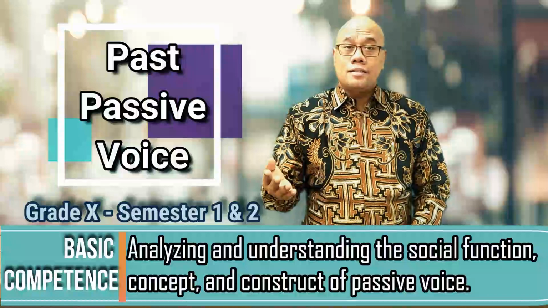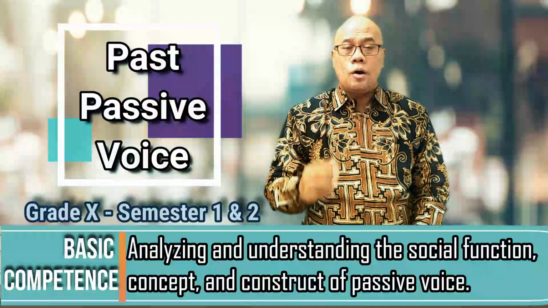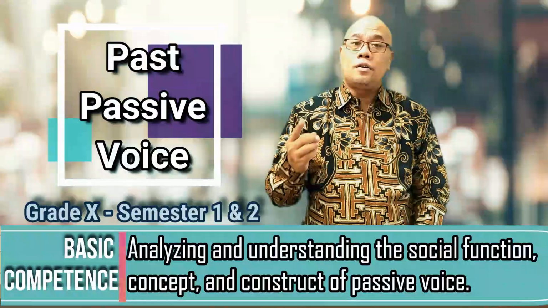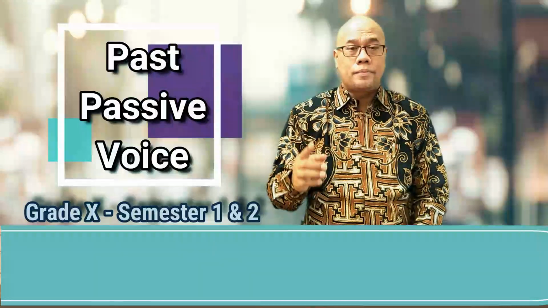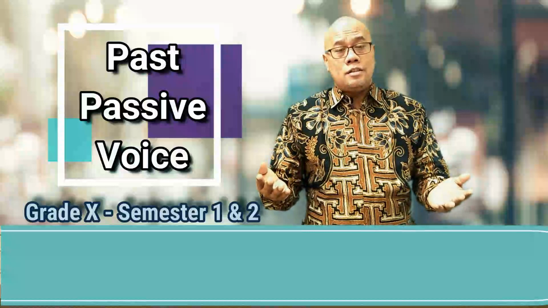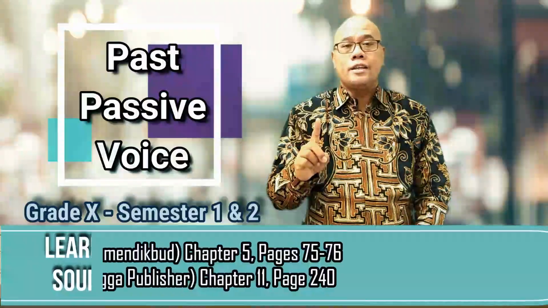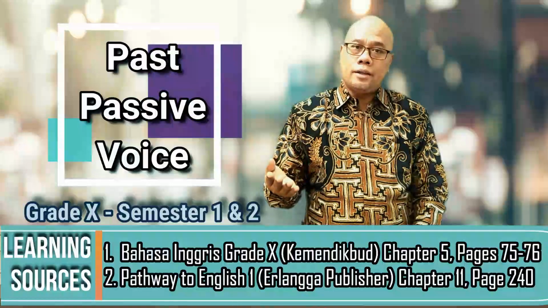This topic is discussed in semester 1 for compulsory English or Bahasa Inggris wajib, and in semester 2 for elective English or Bahasa Inggris peminatan. In this discussion, we use two different books. Book 1 is Bahasa Inggris for grade 1 by Kemendikbud. This is for compulsory English.